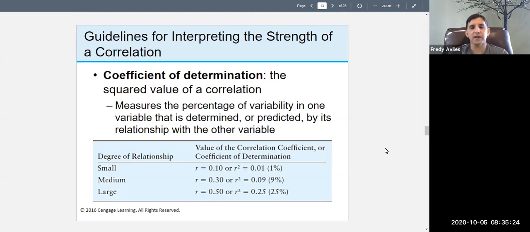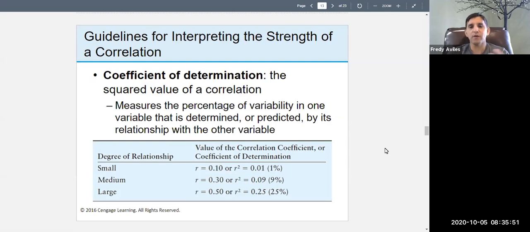If you square 0.50, you get R squared equals 0.25, 25%. So if you know one variable, there's a 25% chance you can guess the other. You can predict the other one with 25% accuracy. That's a large correlation. Okay, so if I know your age, I can predict your health with about 25% accuracy. That doesn't sound like much, but that's a large correlation.